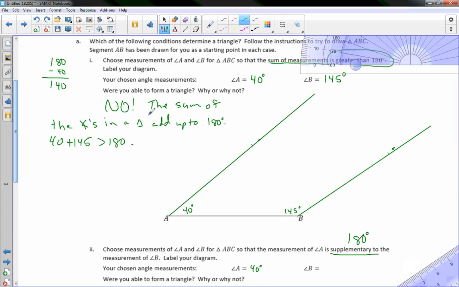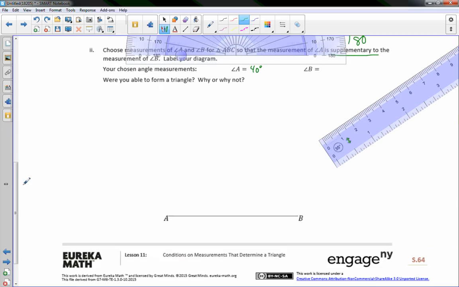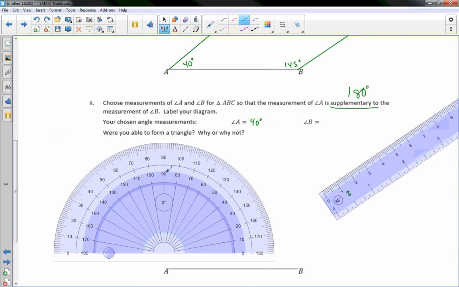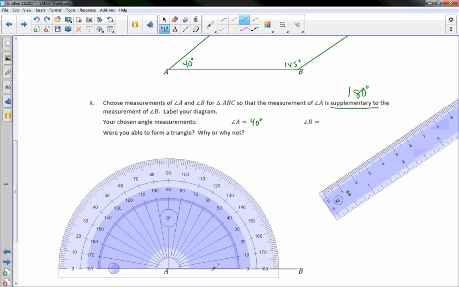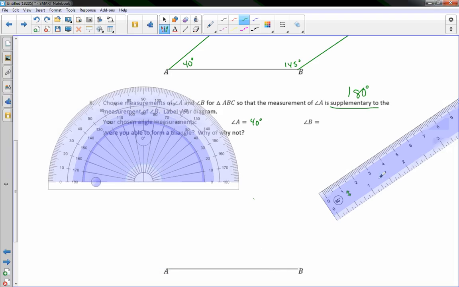Okay, and then I'm going to get my protractor and put this right down on A, right there. Make sure your line on the protractor for 0 degrees lines up with your line segment. 40 degrees is right here, right that mark right there. And now I'm going to draw that.